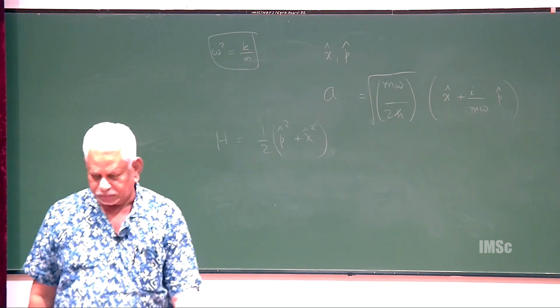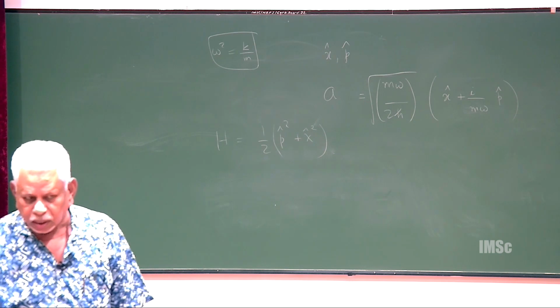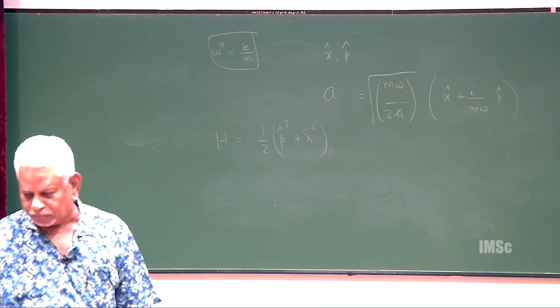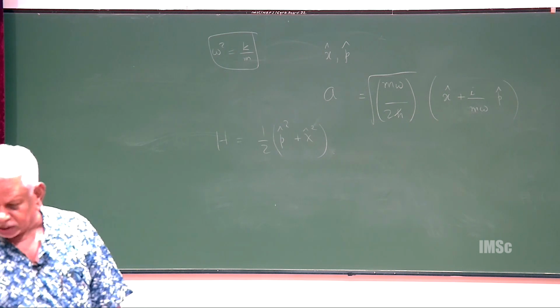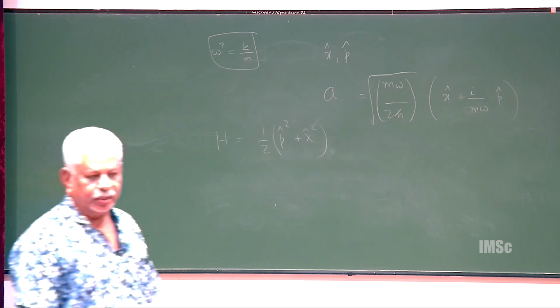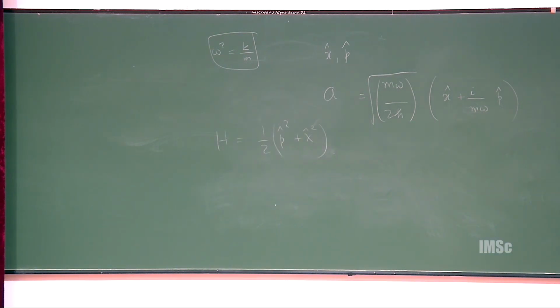That's all the Hamiltonian. Where is the minus term? No, p is minus i h bar d by dx, but p square will have the differential operator, while this will not. Okay? So p is a Hermitian operator, as I told you.